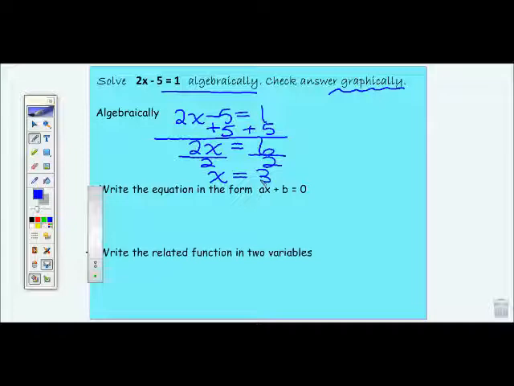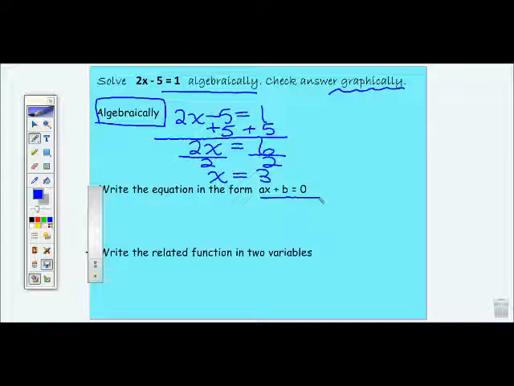Okay? Now, that was algebraically. Now it says write the equation in ax plus b equals 0 form, because that's going to be how we're going to check it graphically. Okay?